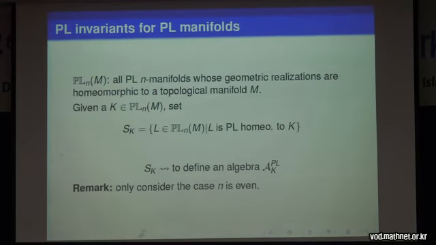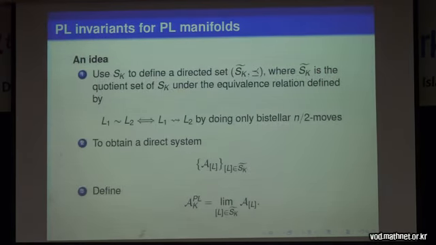The idea is using this set to define the algebra. Here, we also just consider the even dimensional case. The idea is using this one to define a directed set, and we can obtain the direct system. Finally, you can define limits.